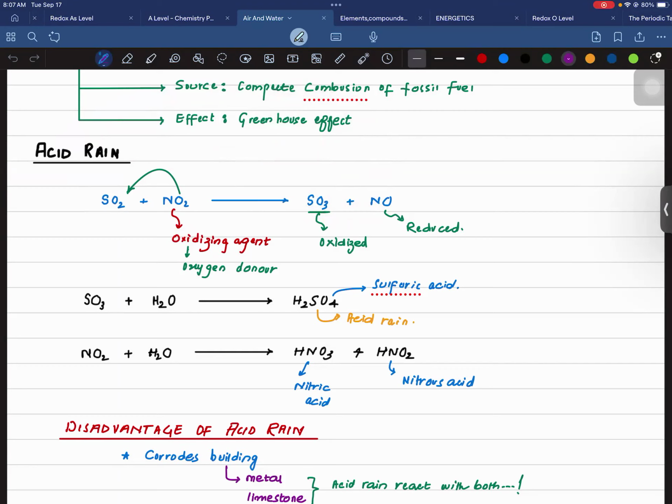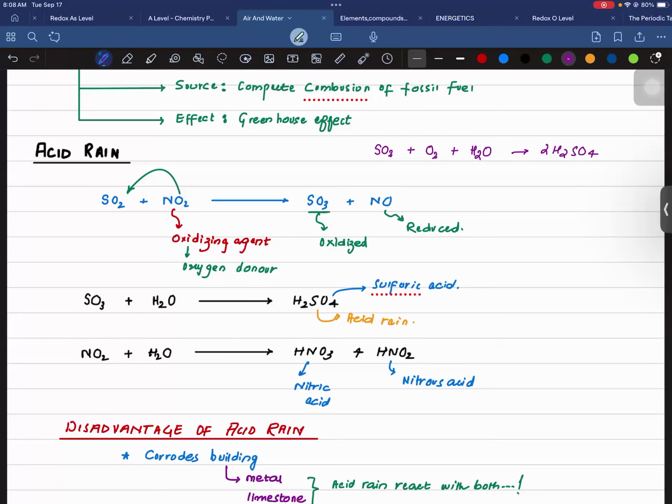Let's suppose this is the sulfur dioxide that is released from the chimney, from power stations, from volcanoes, as I told you that day. It is going to react with O2, then with water. In the presence of water it would produce H2SO4.